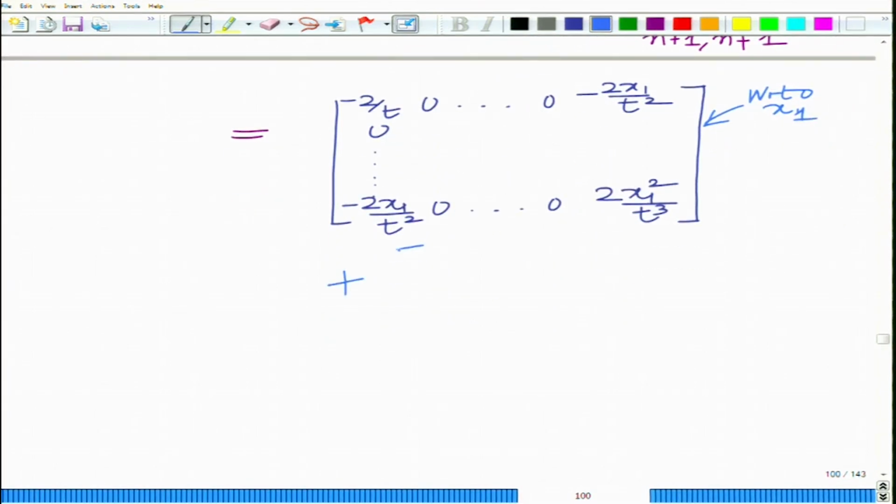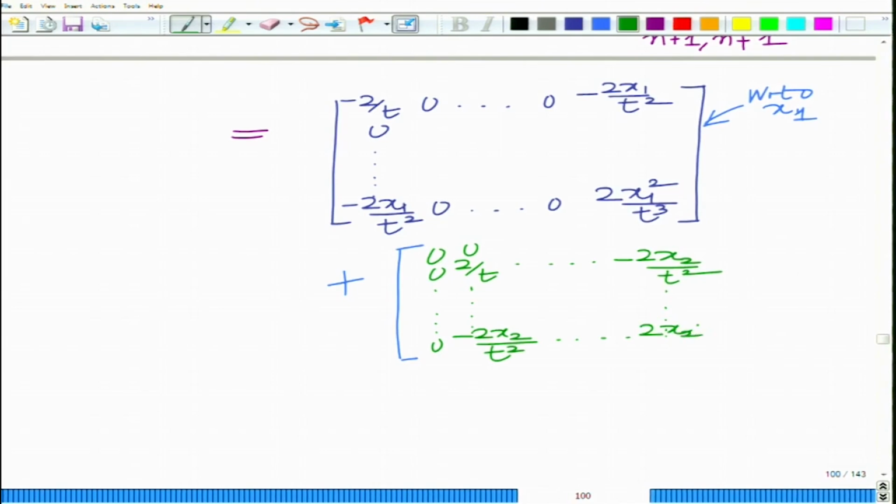Similarly, corresponding to x2 you will have a matrix of the form where the 2 cross 2 element is 2 over t, the last element in the second row is minus 2 x2 over t square, this is 0, n plus 1 comma 2, the second element in the last row, that is again minus 2 x2 over t square, and again you take the n plus 1 comma n plus 1th element, the component corresponding to x2.